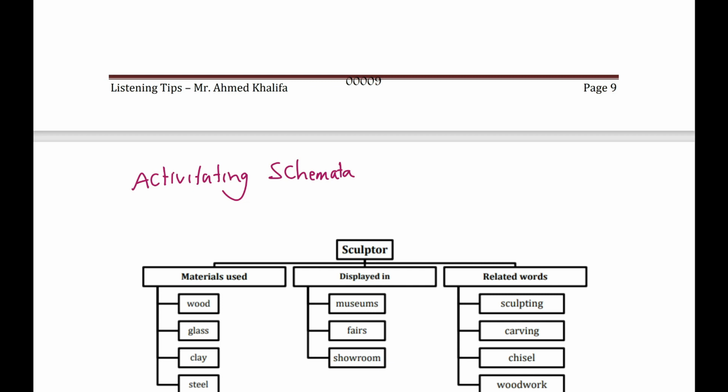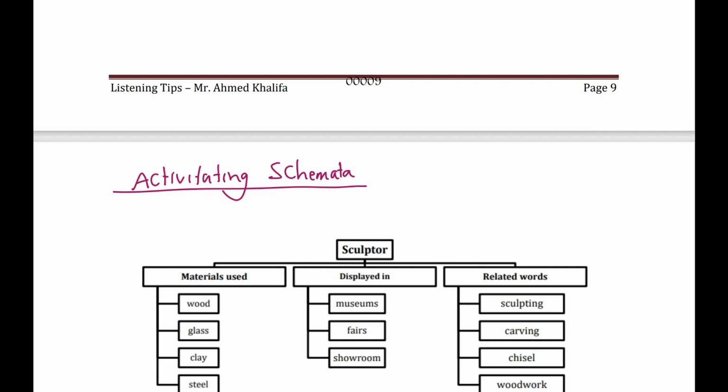Sometimes, believe it or not, we use the schemata, our knowledge or background about an issue, to answer questions, even if we lost track of the audio. In other words, it is what we already know about the topic in hand. So in listening, if you could activate this schemata, you will do a lot of brainstorming.